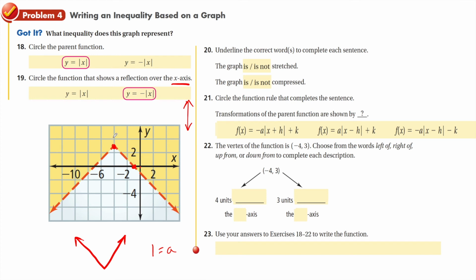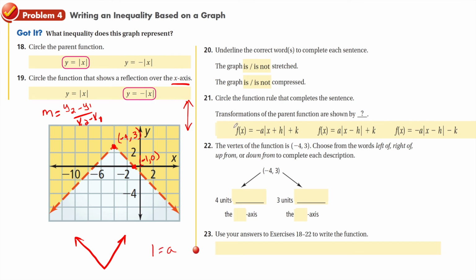You can also figure it out based off of the points given. So we're going to say that this point is (-4, 3), and it's going to go down to another point down here, which is at the point (-1, 0). If I were to plug both of those into the slope formula, that m is going to equal y2 minus y1 all over x2 minus x1, you will get the slope is going to equal 1.